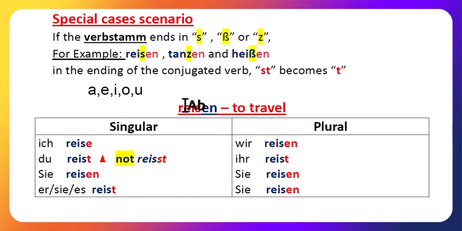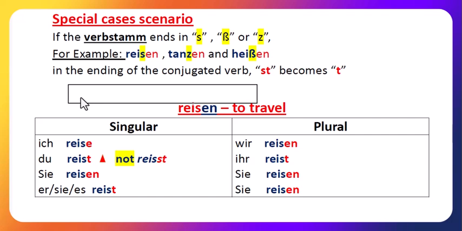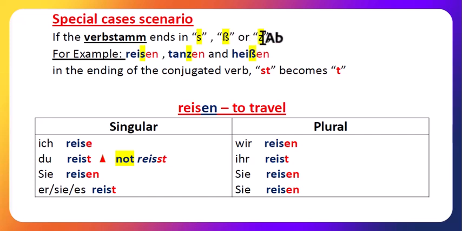The only instance for a special case is when the verb stem ends with s, ß or z. In verb conjugation, the ending st never turns to t. That's the only difference in this special case.